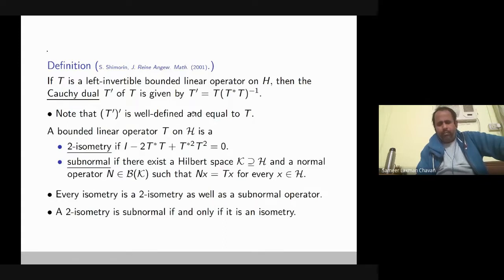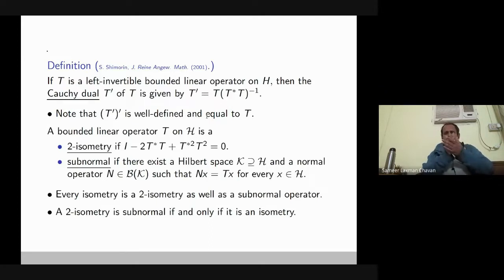You may find this definition artificial, but if you look at the function n going to T*ⁿTⁿ, computing all order moments, T*T, T*²T², T*³T³, you will see that if T is a two-isometry, then this function of n is a linear polynomial.